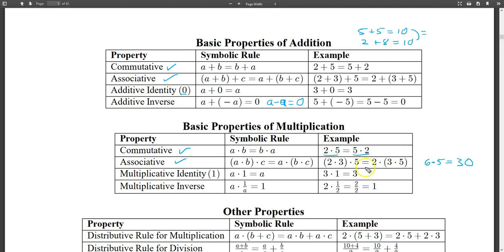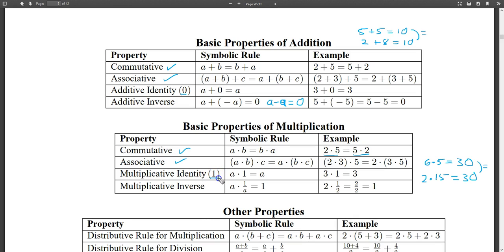Whereas on the right-hand side, you multiply the 3 and 5 together first, so that would be 2 times 15. Well, that's still 30. Same number. So in other words, you could move the parentheses around anywhere you want, as long as everything's being multiplied.